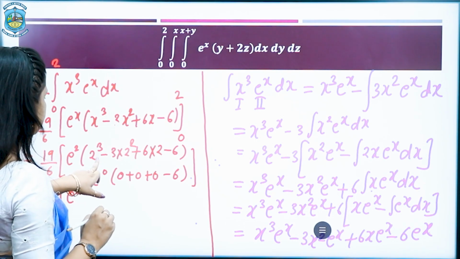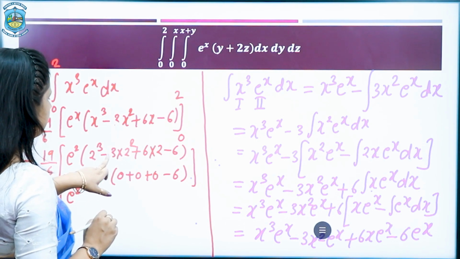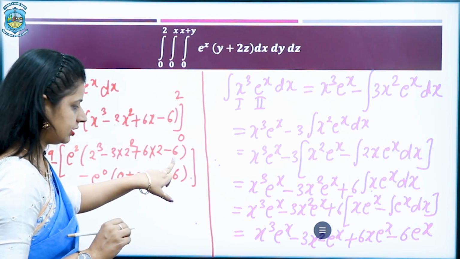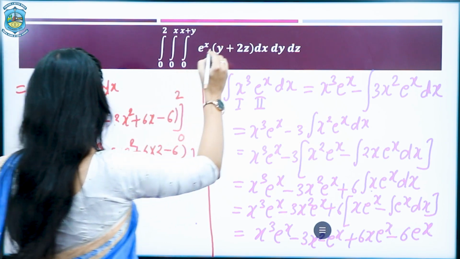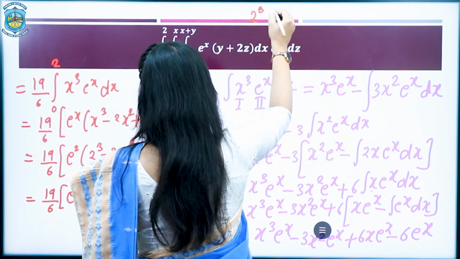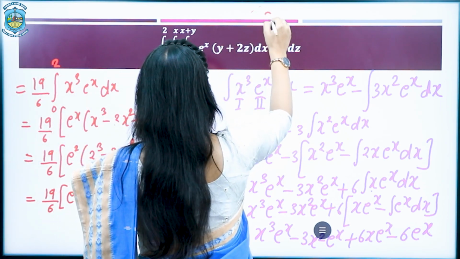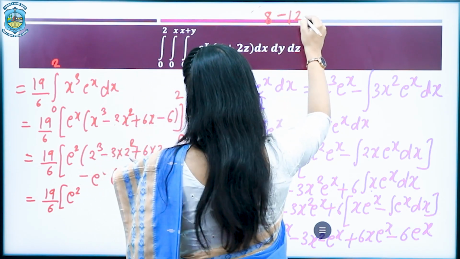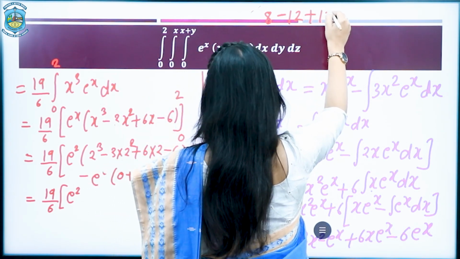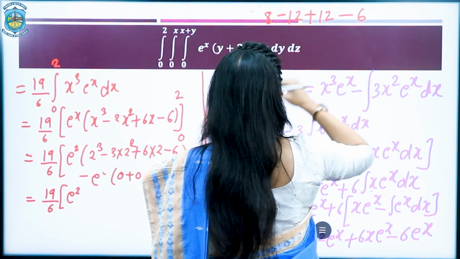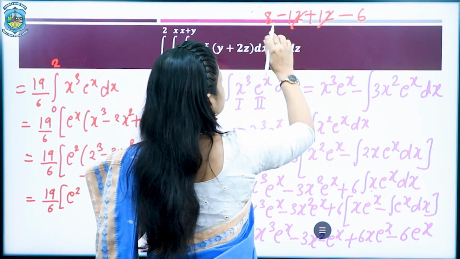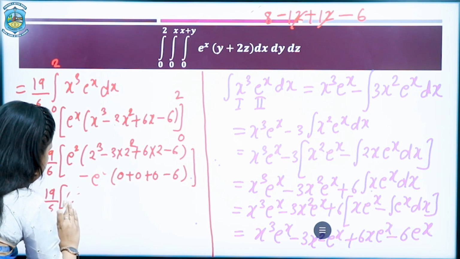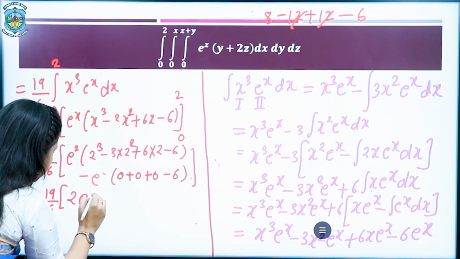On simplifying this term, this will give 8 minus 12 plus 12 minus 6. So, just see, we have this term 2 cube, or that is 8, minus 3 into 4, that is 12, plus 6 into 2, that is 12, and this minus 6. So, this would cancel out, and 8 minus 6 is 2. So, here we will get twice of e square.